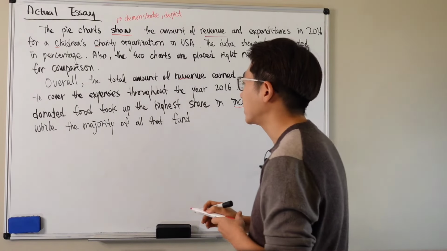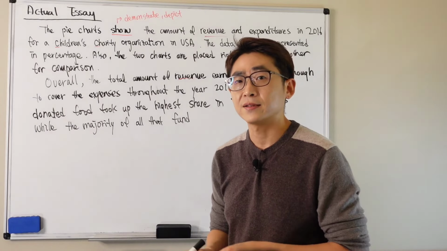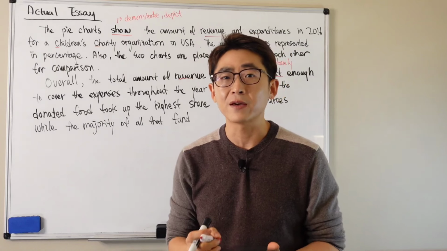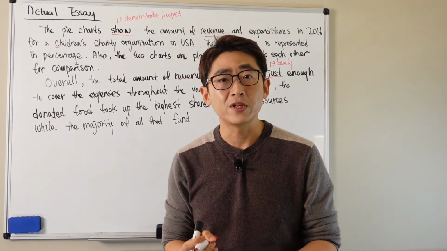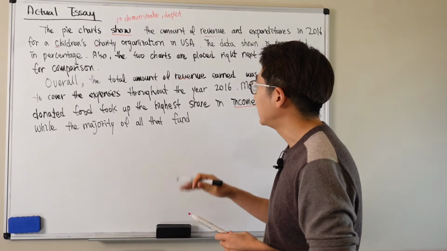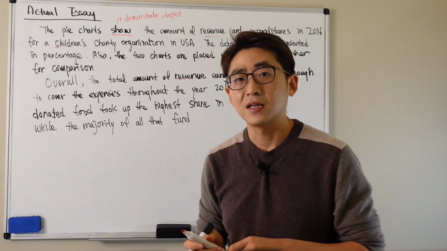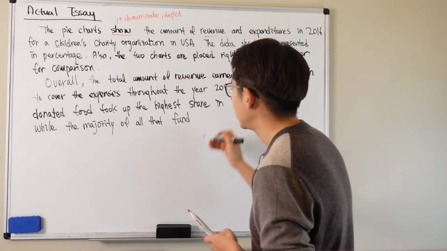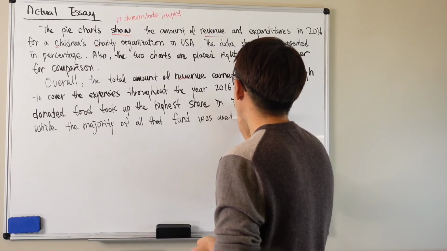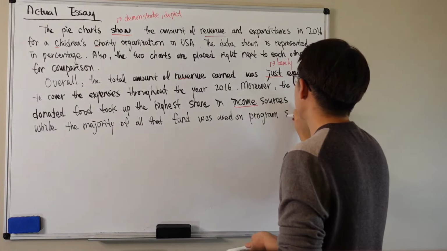Okay, we don't want to use the same word over and over again. That kind of shows that we have limited vocabulary, and we don't want the examiners to think like that, right? So we can use words like fund or income, revenue, interchangeably. All that fund was used on program services.